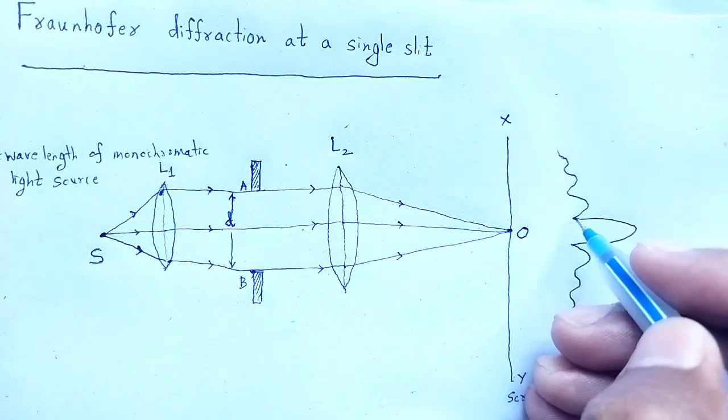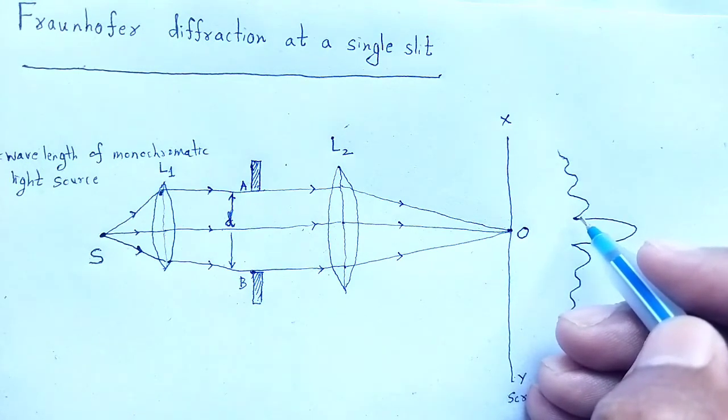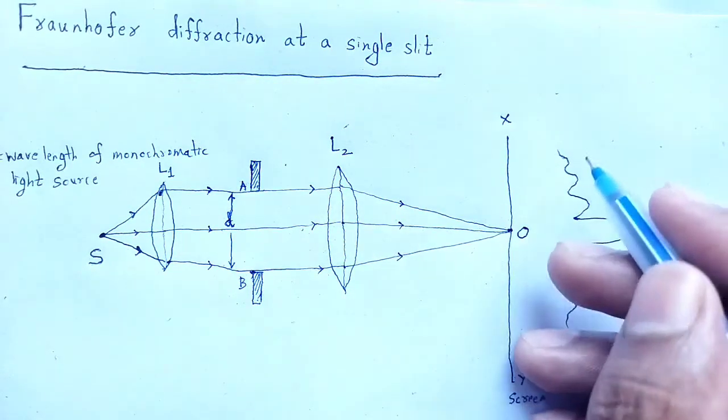Again, that point is the first minima, the first secondary minima. Next is the first maxima, the first secondary maxima, and so on.